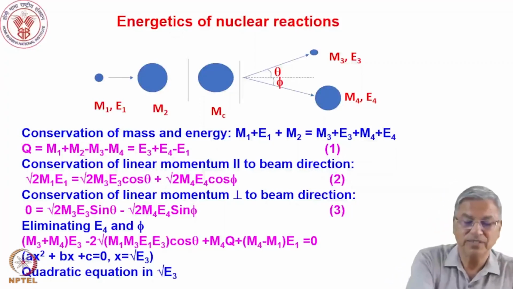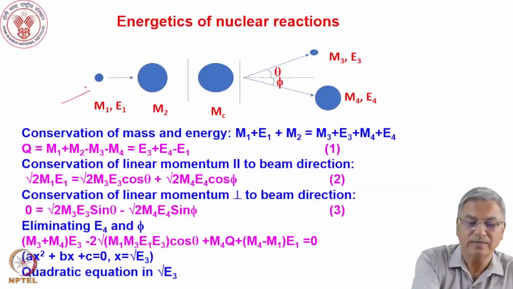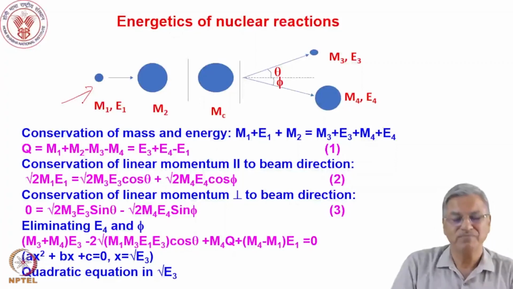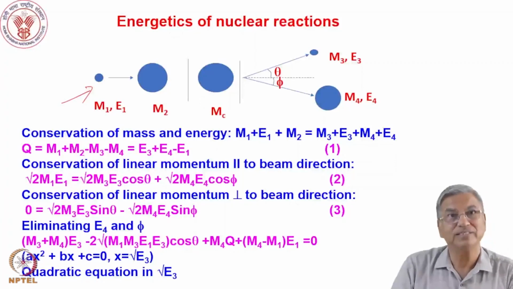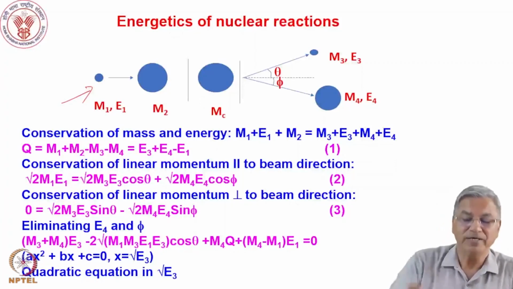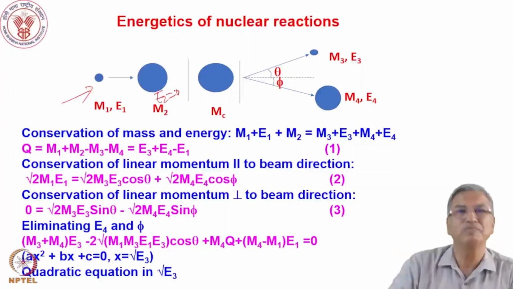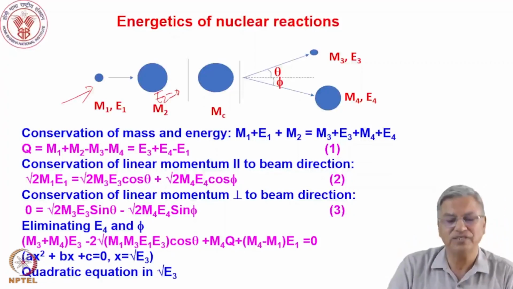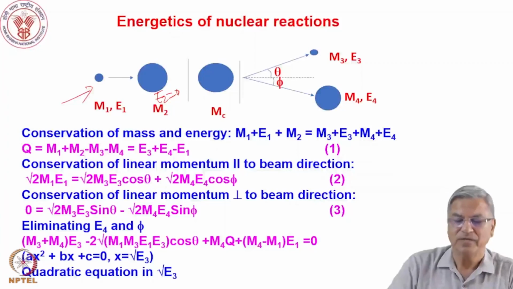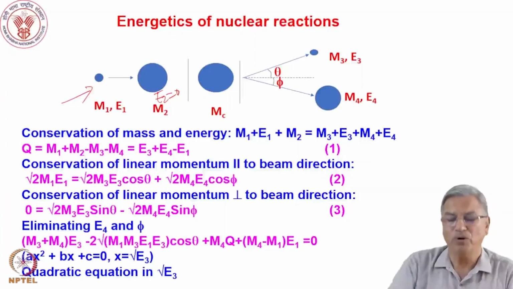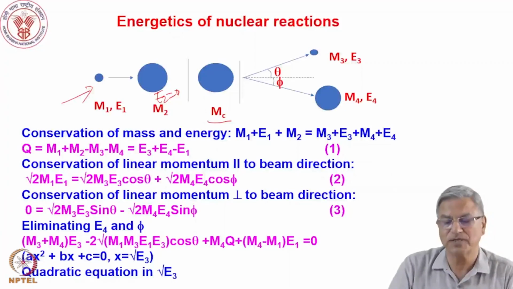So we will see here we have the projectile of mass m1 and kinetic energy E1, bombarding a target which is at rest, E2 equal to 0. So the target is stationary here, and then it can form a compound nucleus, or a composite nucleus. We will discuss the compound nucleus in more detail in subsequent lectures.